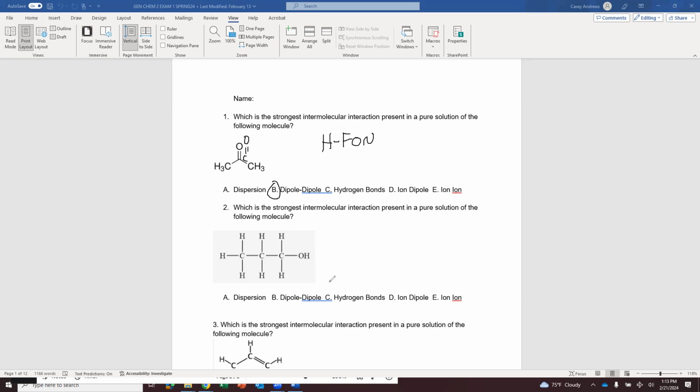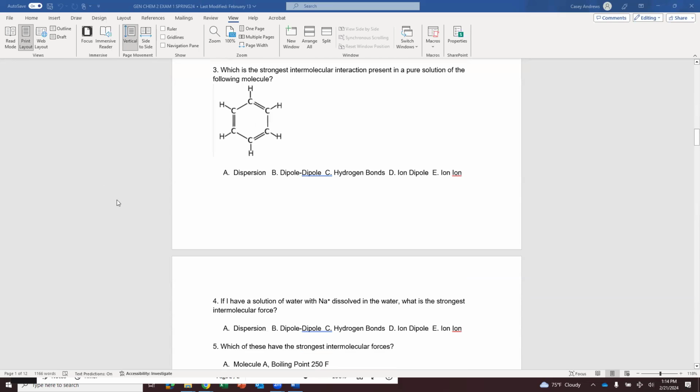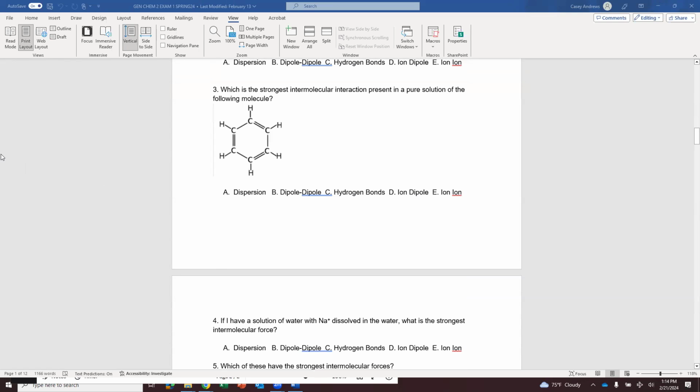The next one, I do have an OH. That tells me I have hydrogen bonds. That would be the strongest there, hydrogen bonds. Next one, I just have carbon, hydrogen, no oxygens, not polar, so that's just dispersion.